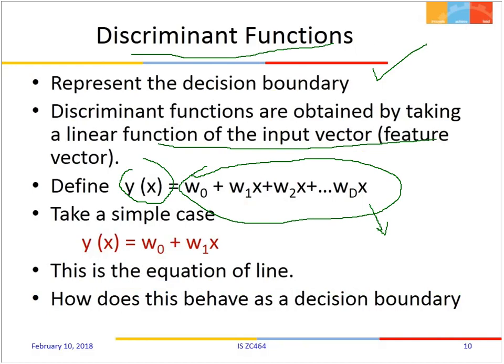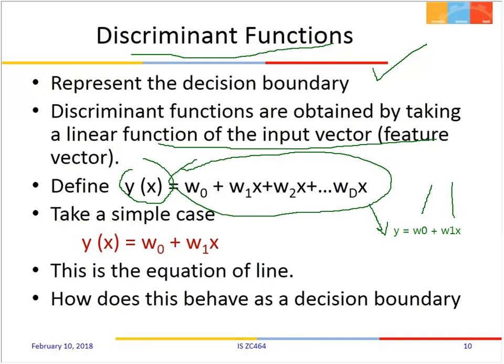Then you would say that y equals w0 plus w1x. So basically this w0 is the c, the intercept, and w1 is the slope. So it is only a kind of extended form of the line equation that we saw for two-dimensional space. Here this will be in multi-dimensional, d-dimensional space. So this is the equation of a line.